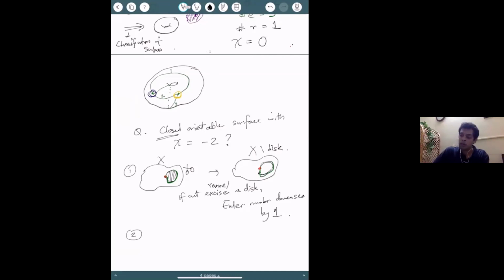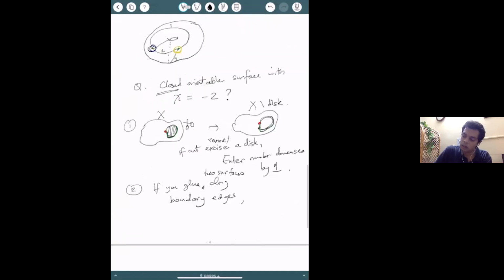So the second thing to observe is that if you glue two surfaces along boundary edges, then the glued surface doesn't have boundary, right?